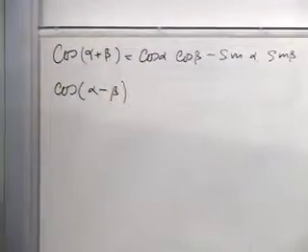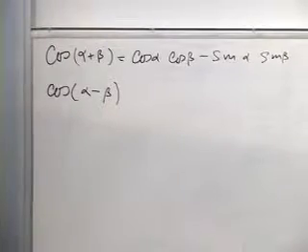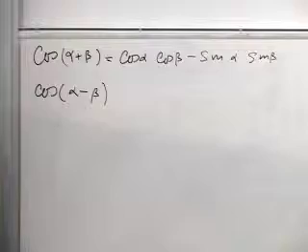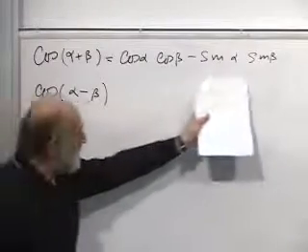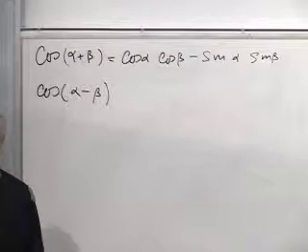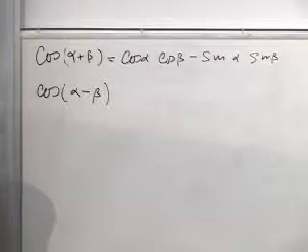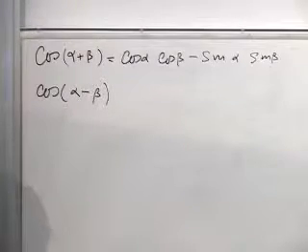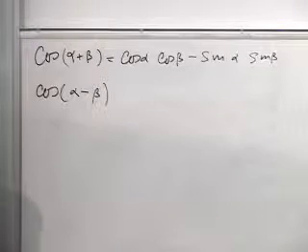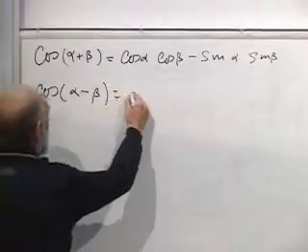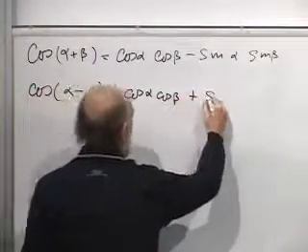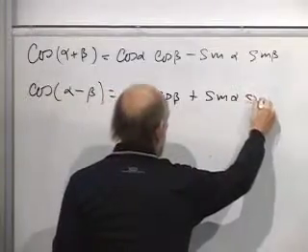To get it, we just change the sign of beta in this formula. Changing the sign of beta does nothing to cosine beta, but it changes the sign of sine. So that gives us cosine alpha cosine beta plus sine alpha sine beta.